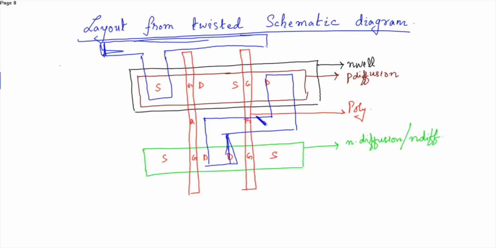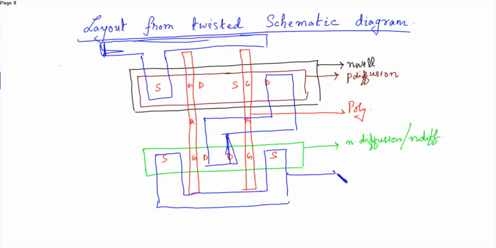Okay, and the sources are connected to ground. So metal 1, the output is Z. This is VDD. This is ground.